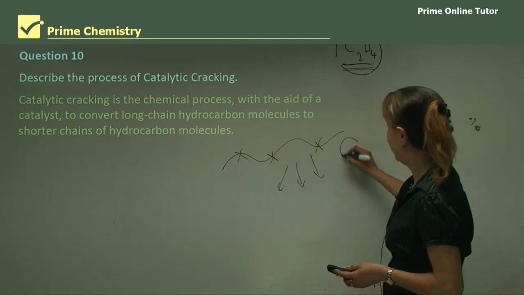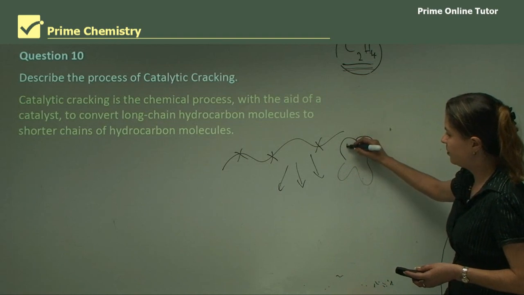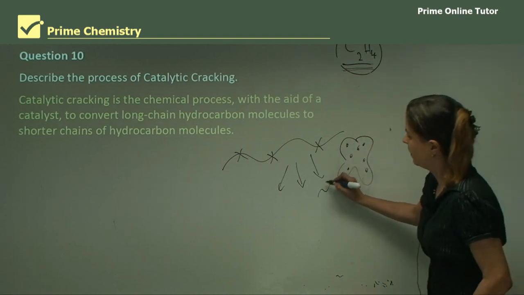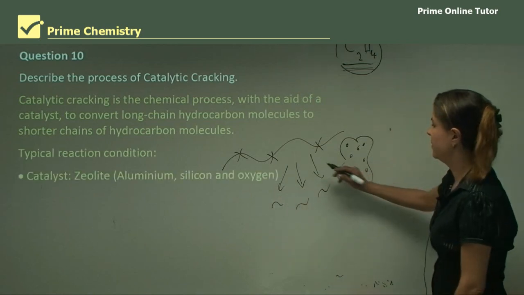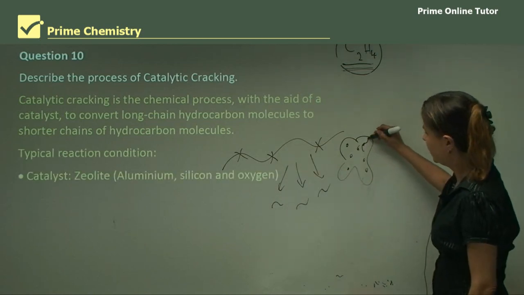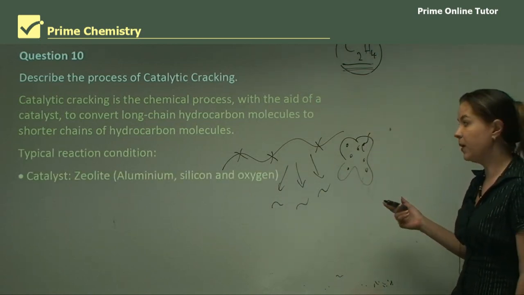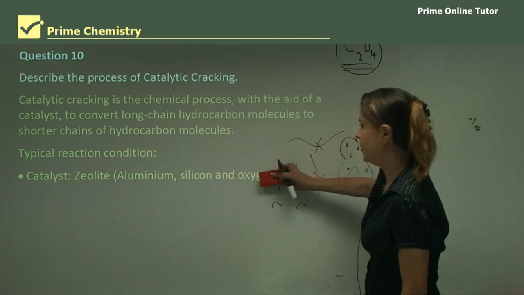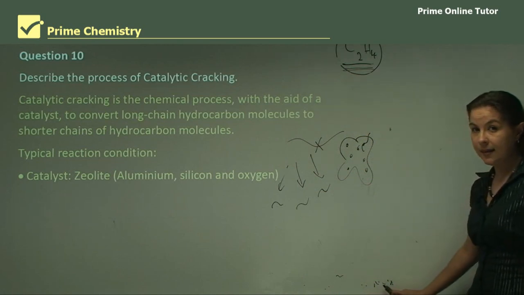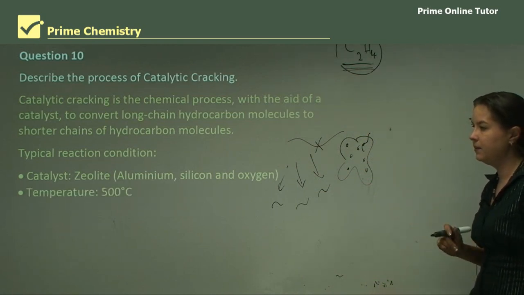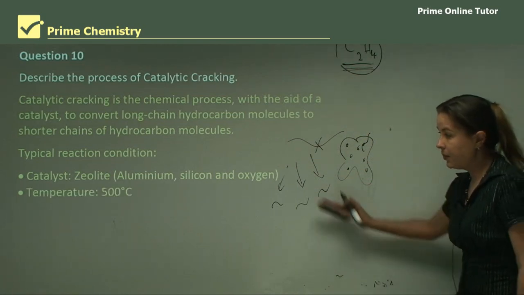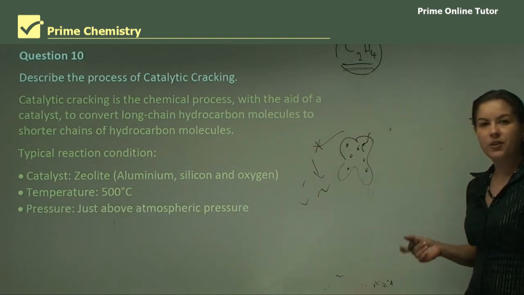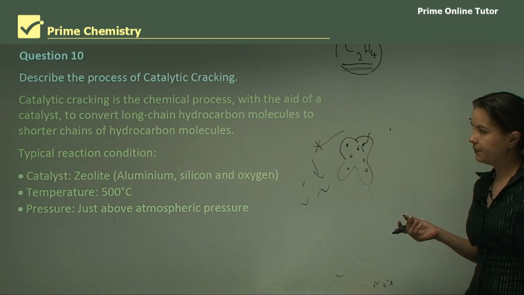And if you remember, our aluminosilicate with its pores of specific size will take on these large hydrocarbons and break them down into smaller ones. So remember in your answer to always write that there's a catalyst involved because it's a chemical reaction. And remember the temperature, it's 500 degrees and the pressure is just above atmospheric.